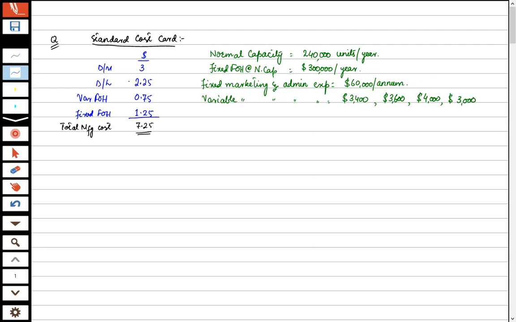These are per month, given for the first month, second month, third month, and fourth month respectively. Okay, the sales price per unit is $10.